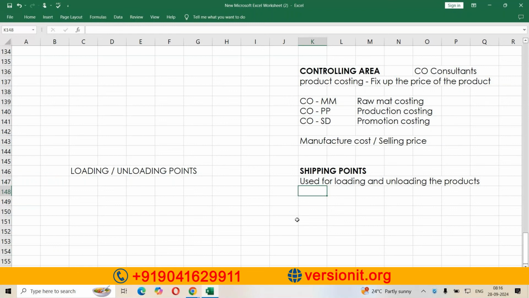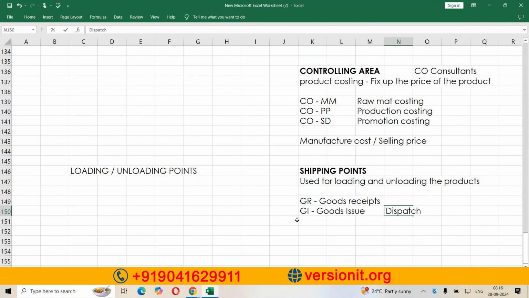So here you're going to find we use this particular shipping point to perform GR, where GR stands for goods receipt. We are going to be receiving the stock, and we are going to be using it for GI, for goods issue, for issuing of the stock. This is nothing but dispatch.